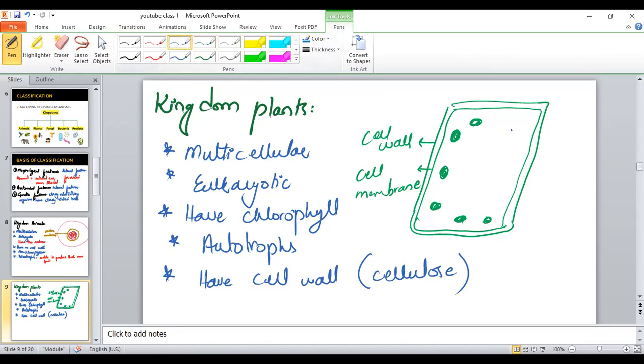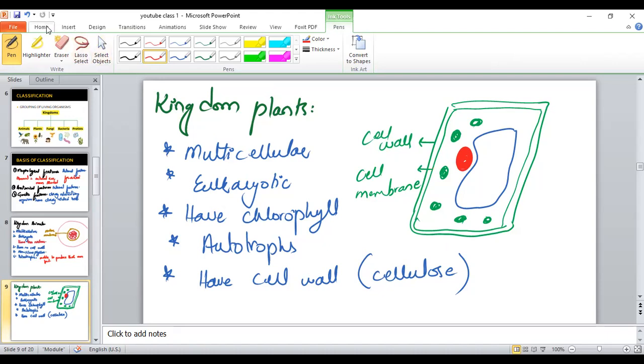Then some of the plant cells also have a large vacuole and also a nucleus, and the nucleus has a nuclear membrane. So this is the structure of a plant cell. All the members of the kingdom plants are multicellular, eukaryotic, chlorophyll sometimes present, sometimes absent, and autotrophic in nature, and all have a cell wall.